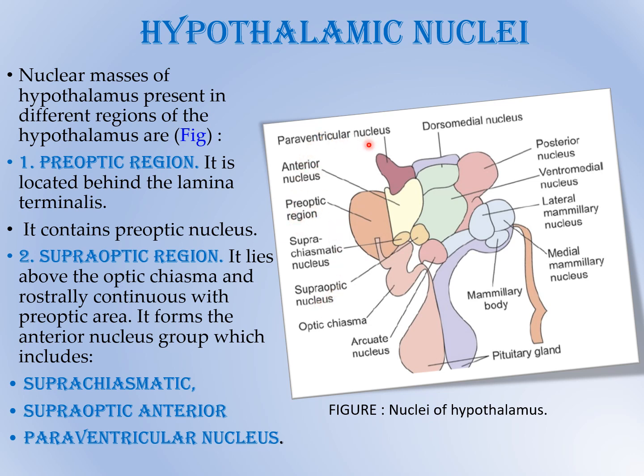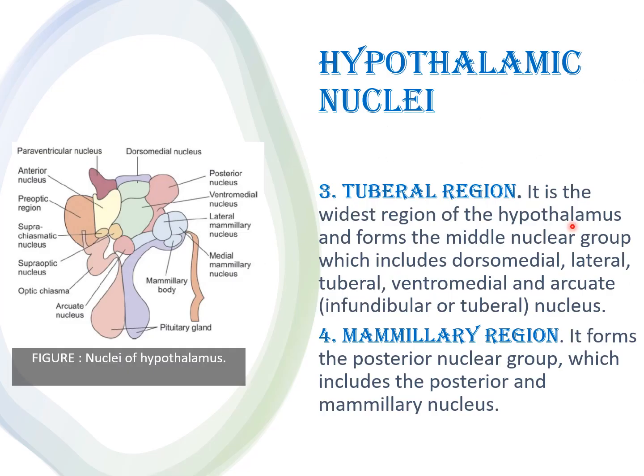Okay, so this one is a paraventricular, then preoptic region, and suprachiasmatic nucleus and supraoptic nucleus. So this is about hypothalamic nuclei.